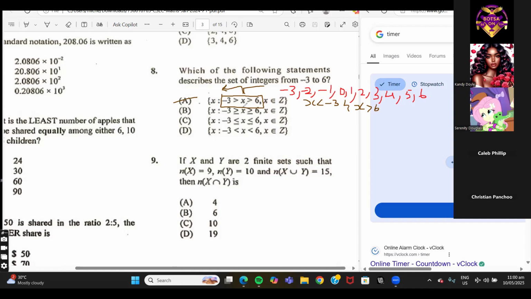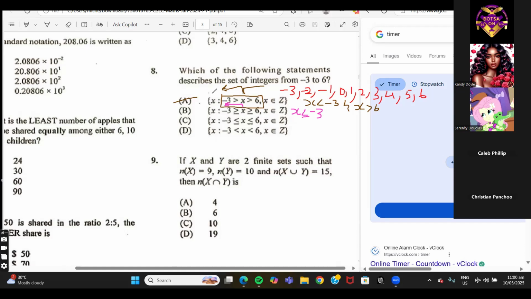Starting from the middle again, going left, it is saying that x is less than or equal to -3. Less than or equal to means you start from -3, but one number less than -3, the first number that's smaller than -3, is -4. So we should have had -3, then -4, then -5.